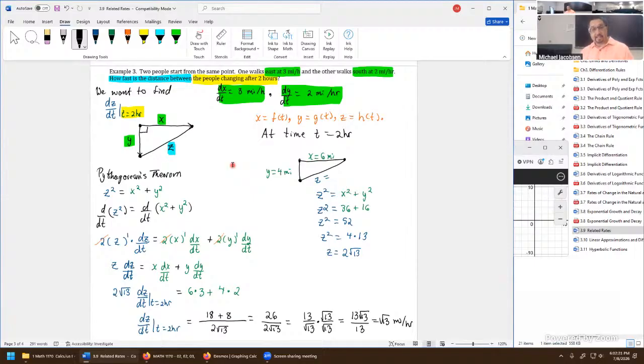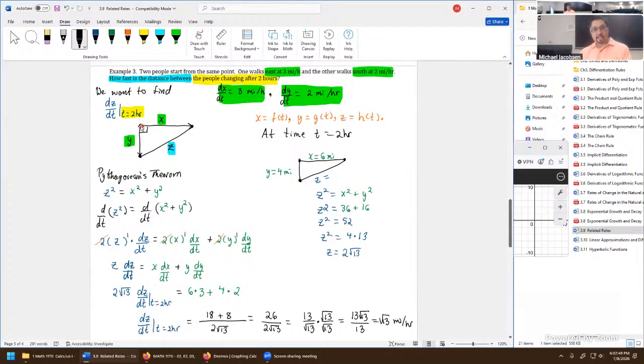Okay, again, it's a pretty big extension to problems that have been studied before in algebra. It just simplified a lot because Pythagorean's theorem allowed us, through the 90-degree angle here at pi over 2, to just drop down to that equation really fast. So other questions you might have is, what if these two people started at the same common point, but they didn't move in directions that are perpendicular to each other?